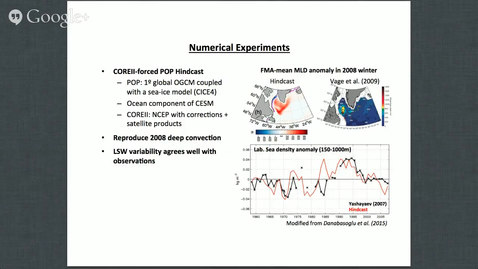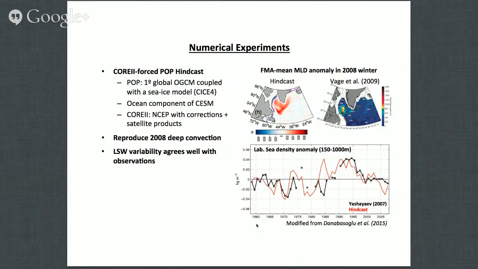And the second thing is that the level of variability in the hindcast agrees really well with observation. The bottom right panel shows the Labrador Sea average density from 150 to 1,000 meters, from observation in black and from the hindcast in red.